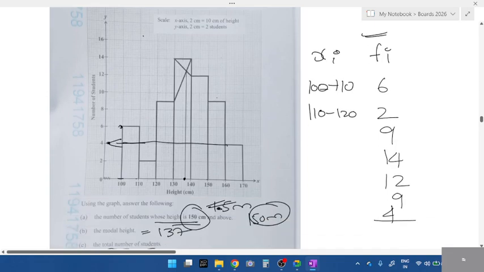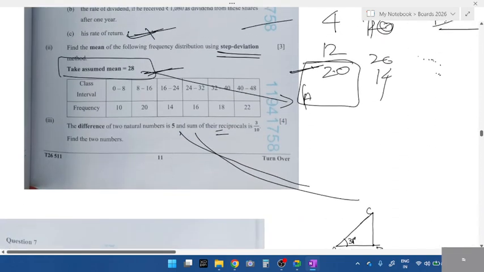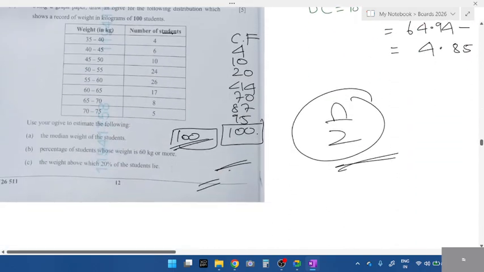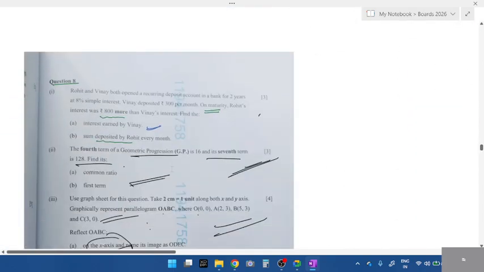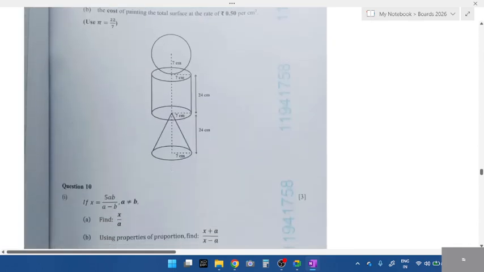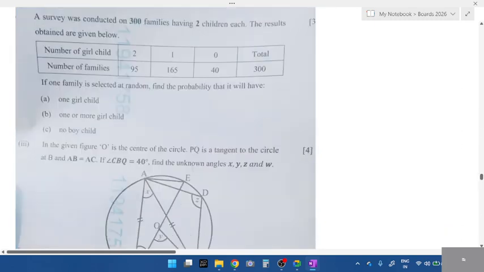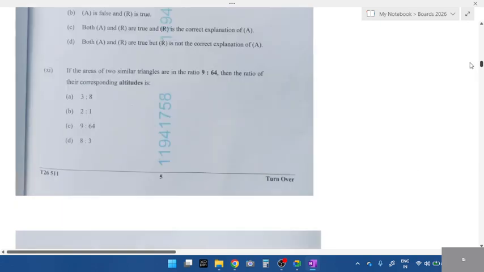Let me see what GST question. Oh, where is it? There was one GST question.